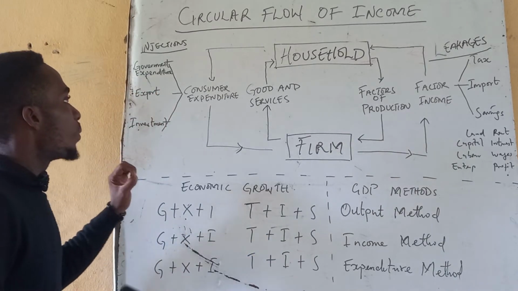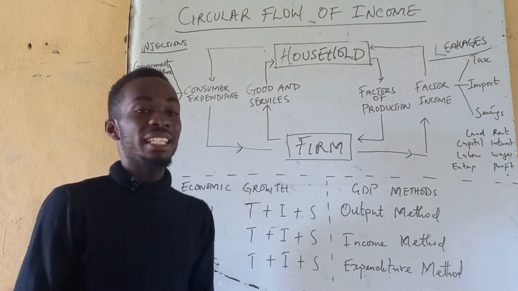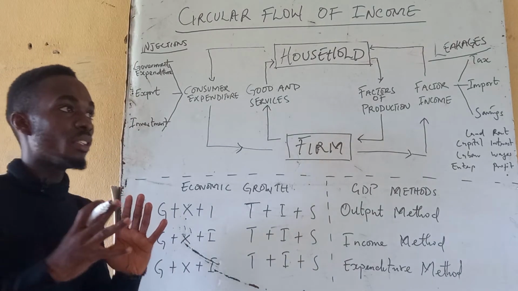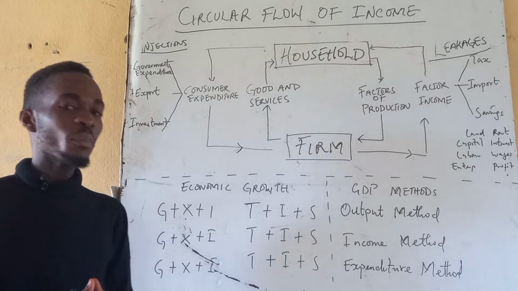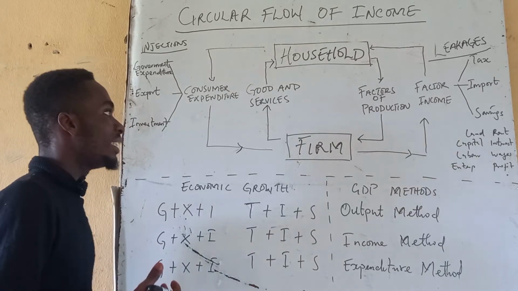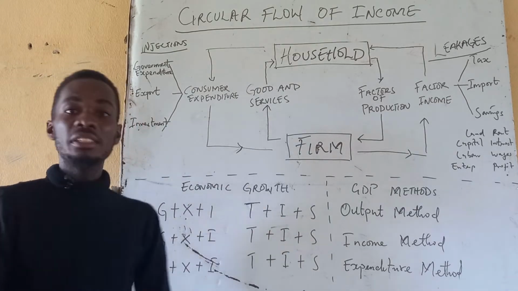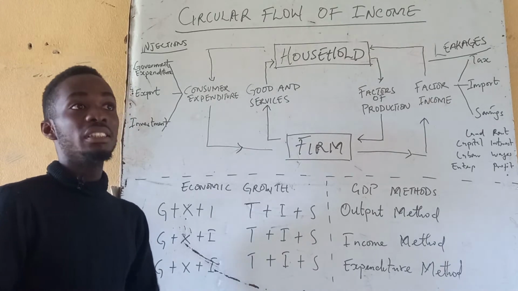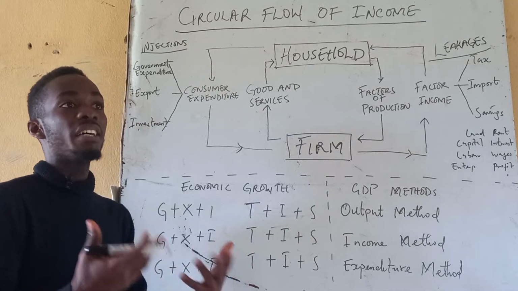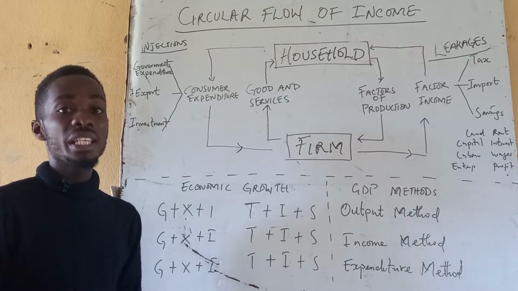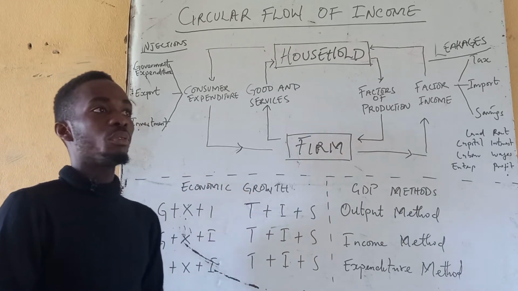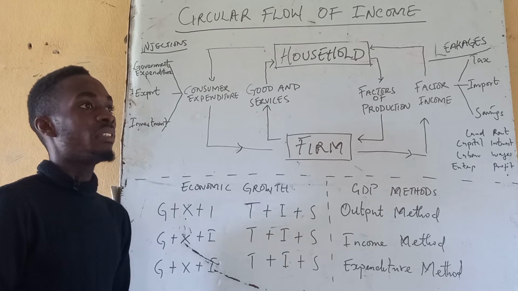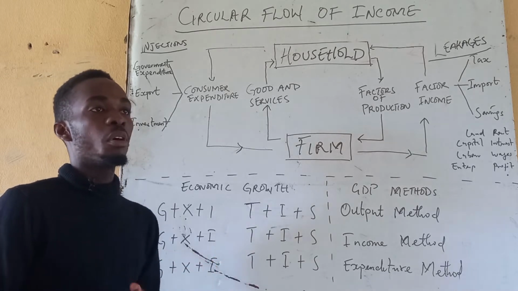Once we've explained this, we have actually explained a three-sector model of the circular flow of income. Now, once we add foreign economies or foreign nationals buying goods and services from our country, or we export and sell our goods to other countries, then we have increased the scope of the circular flow.